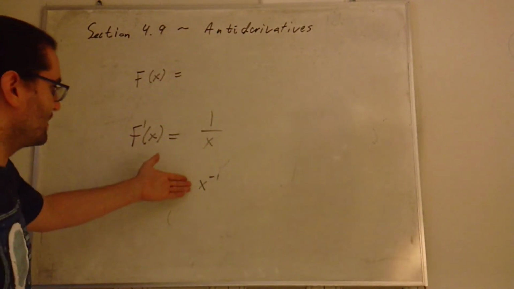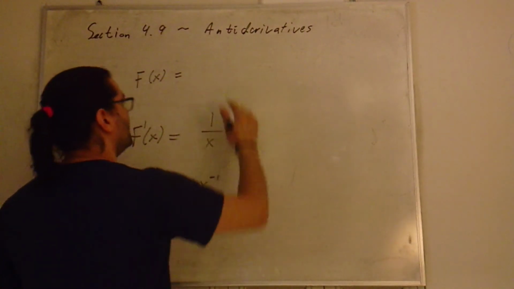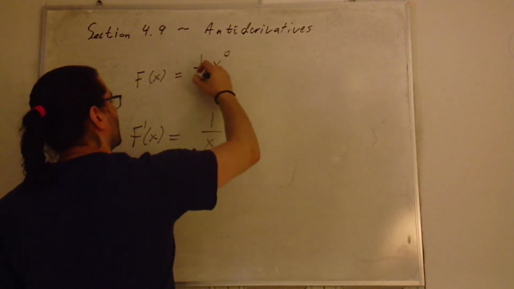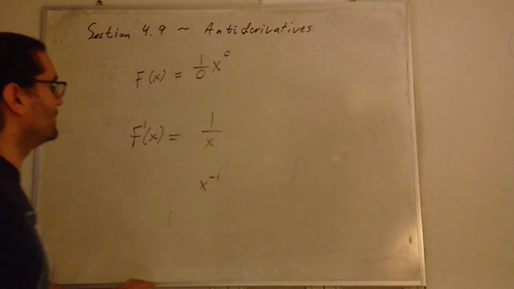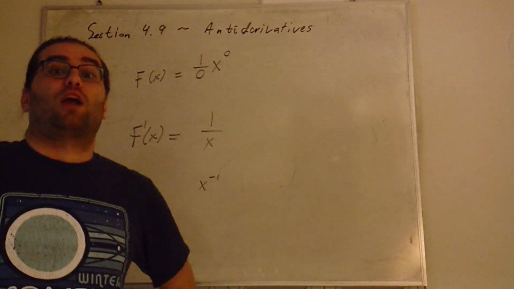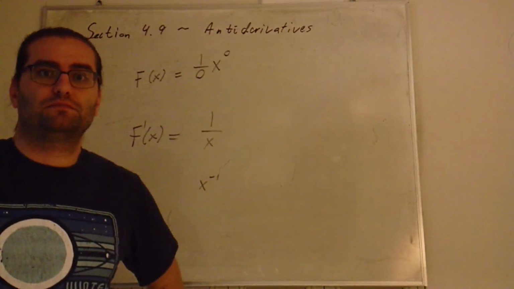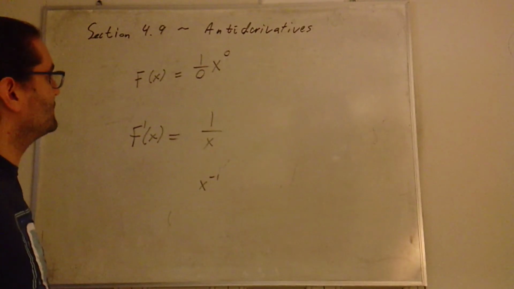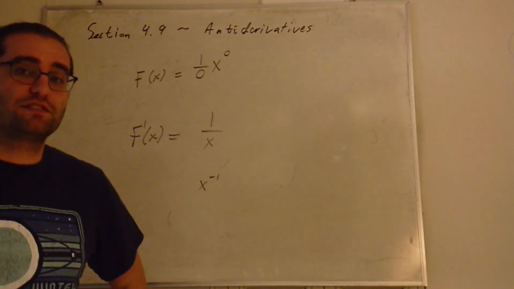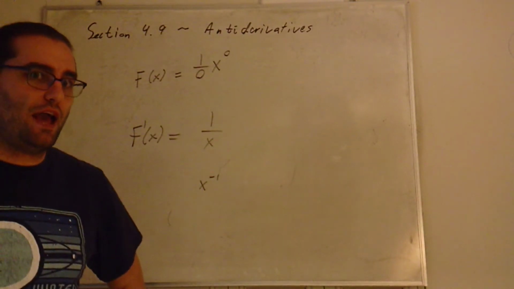This is x to the negative 1. So we need to add 1 to the exponent, and the coefficient should be 1 over that number. We got problems. That's not going to work. Adding 1 to that number gives us 0, and we can't divide by 0.